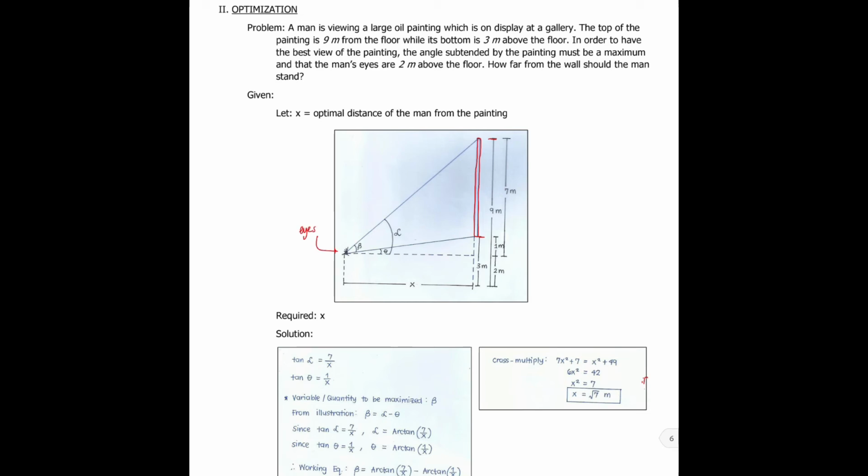So naay specific na position ang atong mata na naay specific angle of view in order to see the best view of the painting. So ang atong optimization problem diri is how to find the best view of the painting given that the man's eyes should be 2 meters above the ground. So this is just a matter of how far from the wall should the man stand, or in this case ang atong x.